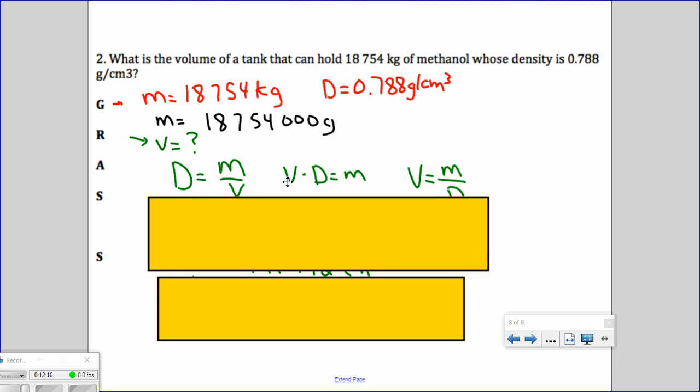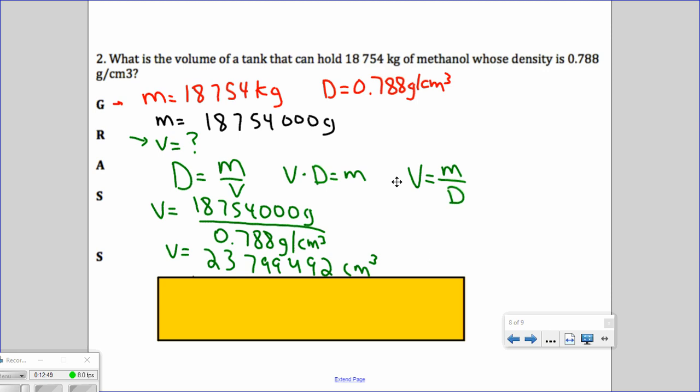So here we have volume times density is equal to mass. Volume is not quite isolated yet, so now we have to move density. If we divide both sides by density, we eliminate density on one side, and on the other side we're dividing by density. So our final equation is volume is equal to mass divided by density.